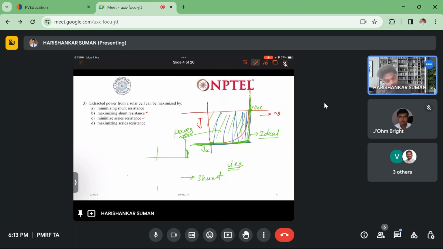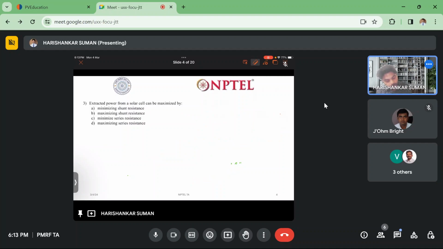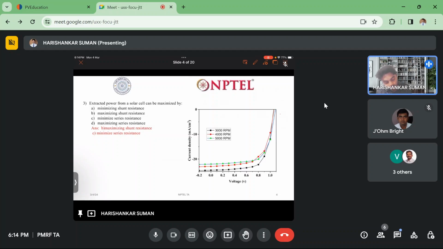So let me show you two results. Maximize the shunt resistance, minimize the series resistance. Please look at these three IV characteristics. This is the lab result. Are you able to see?